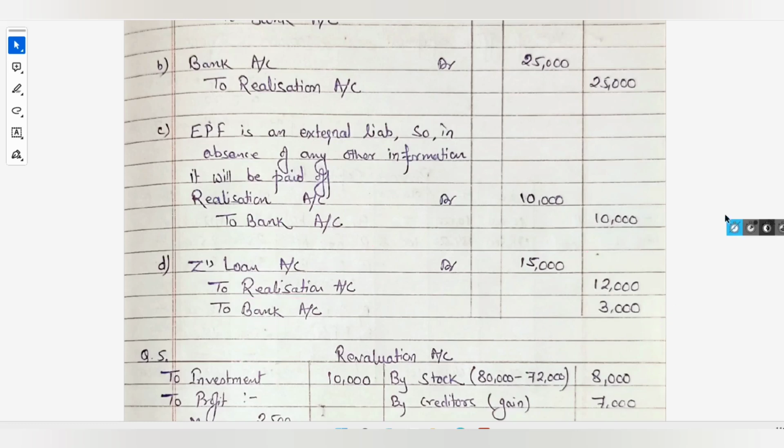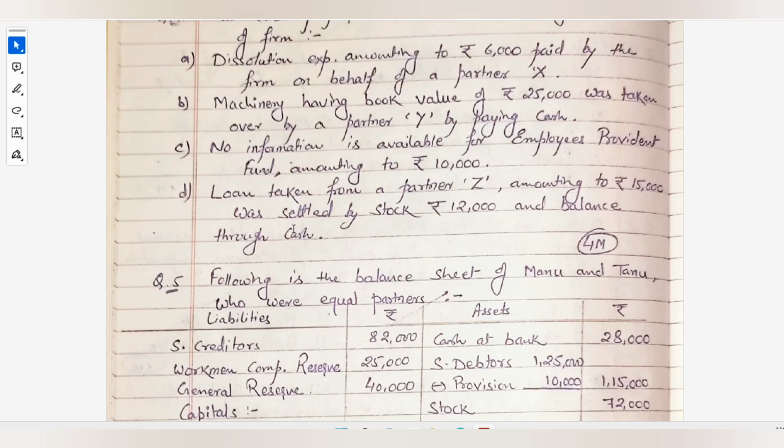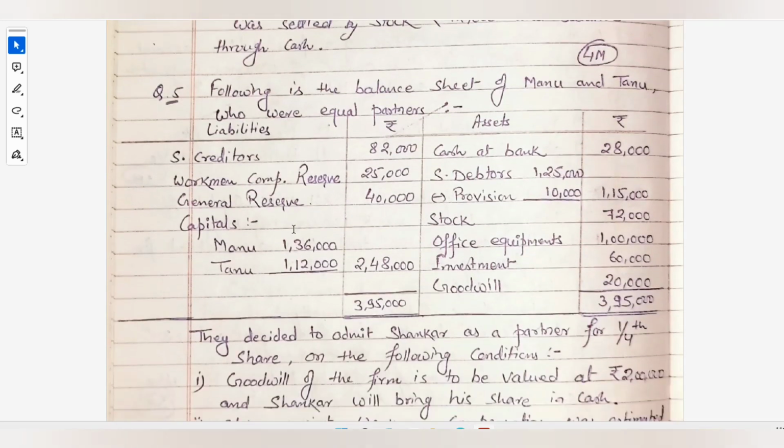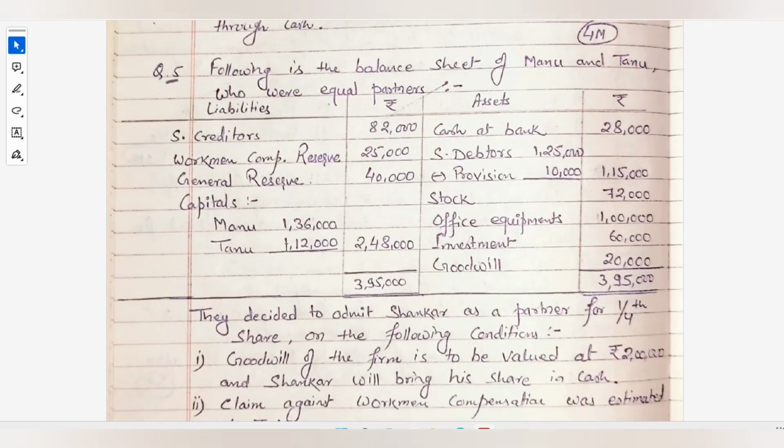In this way, all the entries have been made in question number 4, and this is a very scoring part also, because each entry will carry 1 mark. Now we are moving to the last question of the accountancy part.